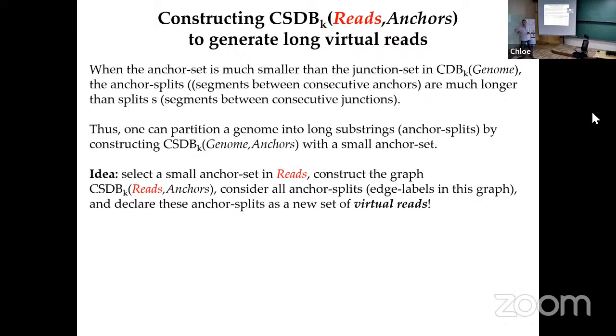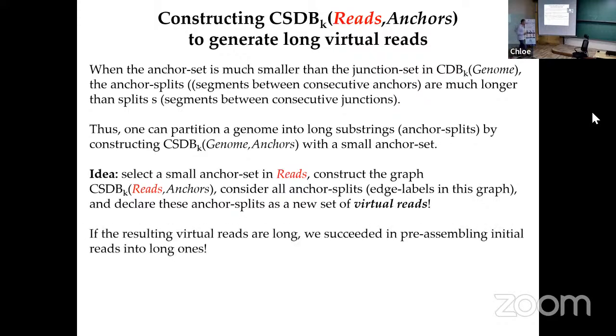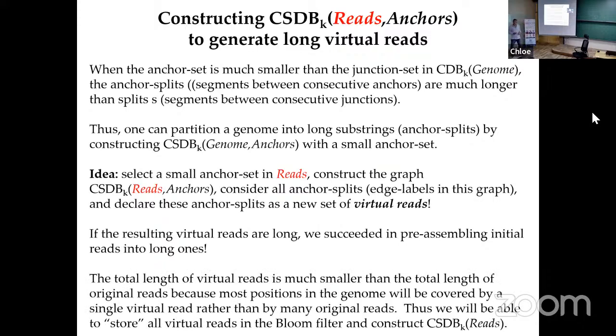So we design virtual reads that are much longer than the original reads by constructing the sparse de Bruijn graph. The resulting virtual reads are long, so we essentially pre-assemble the reads into longer reads. And moreover, the total length of these reads is much smaller because they typically cover every position in the genome once, rather than 30 times in the case of reads.